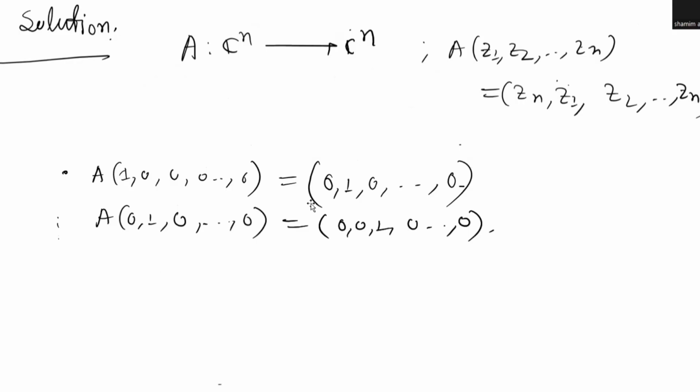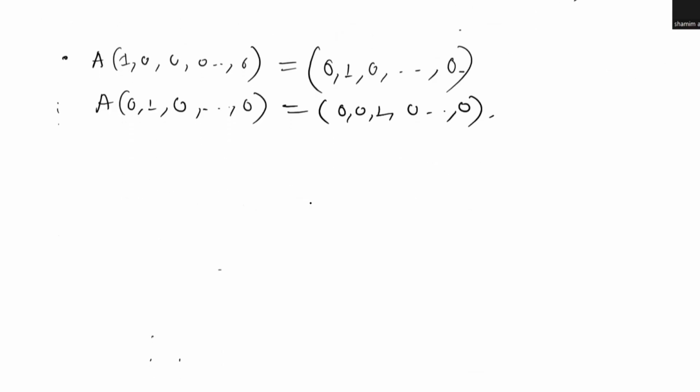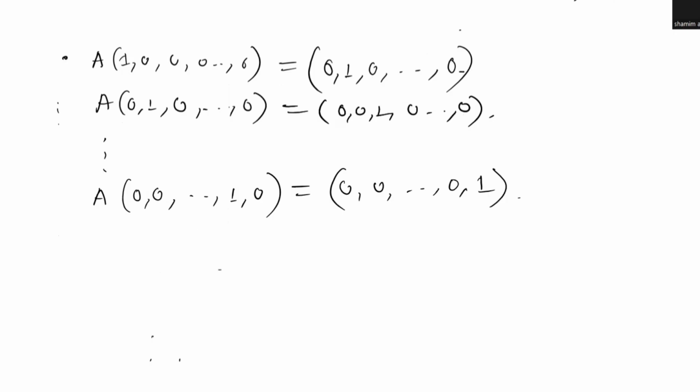Similarly we can find the other elements, so the image of (0, 0, ..., 1, 0) is (0, 0, ..., 0, 1), and the image of (0, 0, ..., 0, 1) is (1, 0, ..., 0).